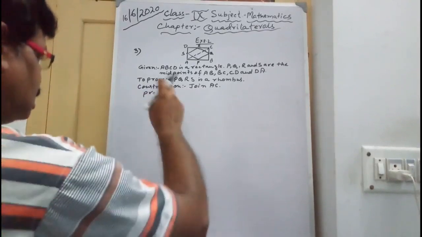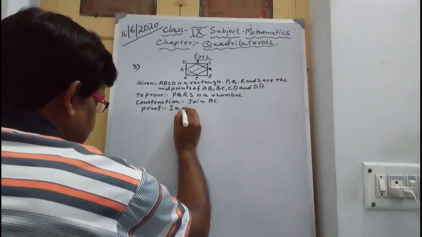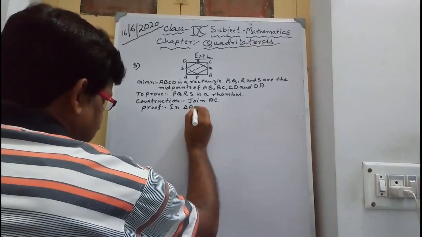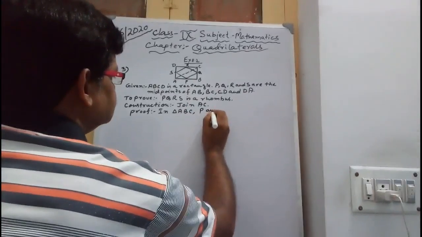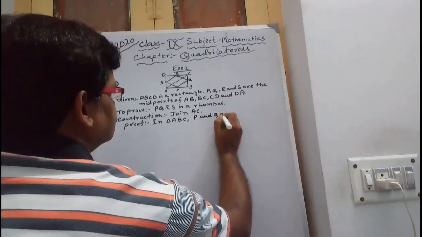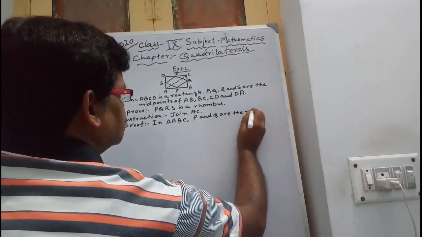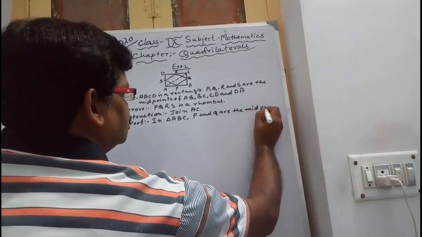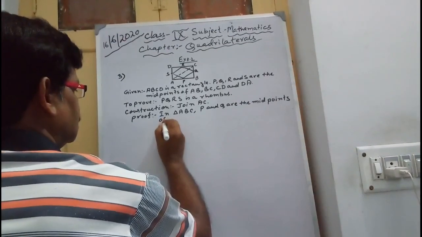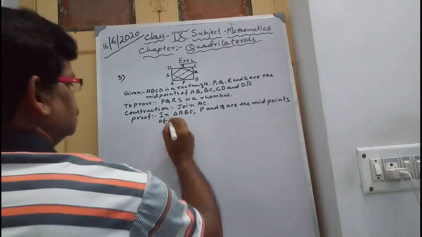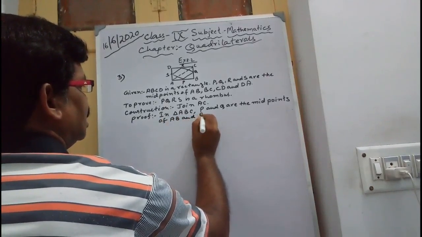So first, in triangle ABC, P and Q are the midpoints of AB and BC.